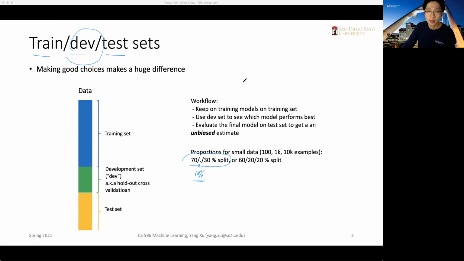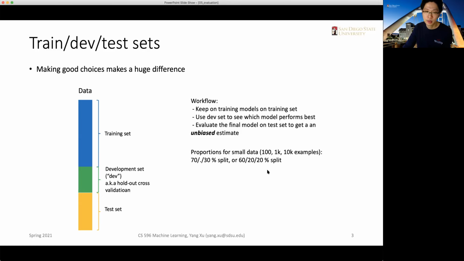But I would say it very much depends on the actual data. Sometimes it's also acceptable if you insist on having some dev sets, because some data may not be that randomly distributed. It may not be that noisy.